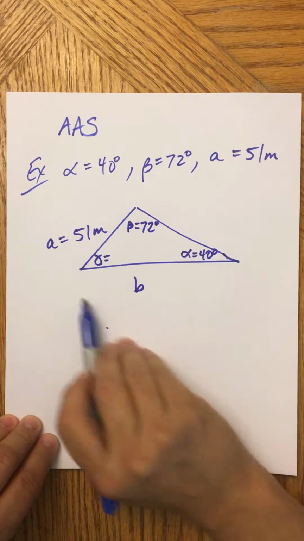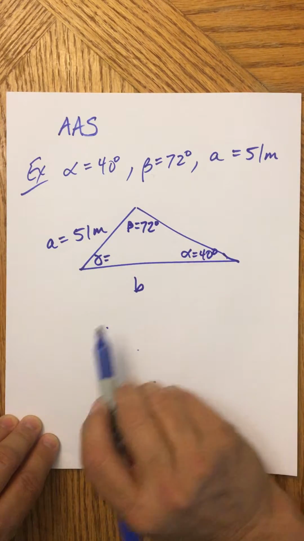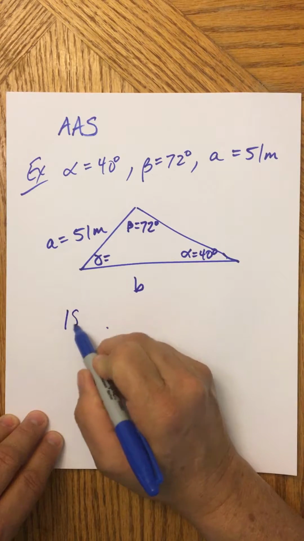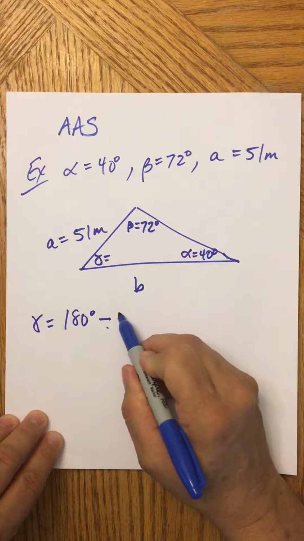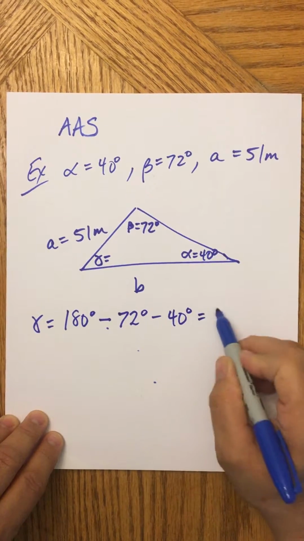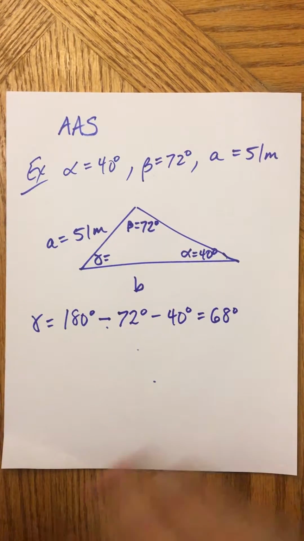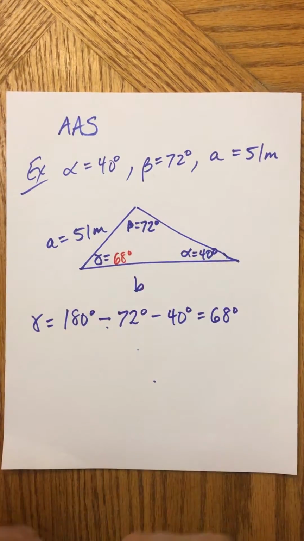Here's the easiest thing to do: all three angles have to add up to 180 degrees. So gamma, what I'm looking for, is 180 minus 72 degrees minus 40 degrees, which leaves me with 68 degrees. So now I know gamma must be 68 degrees.